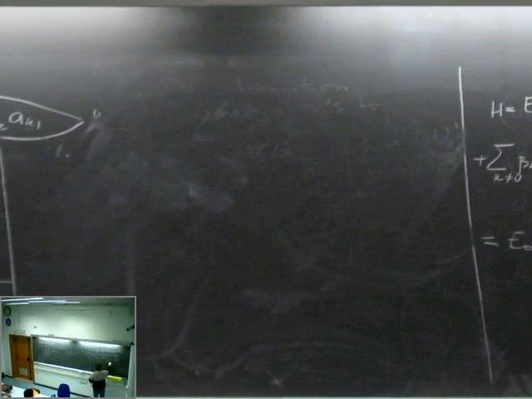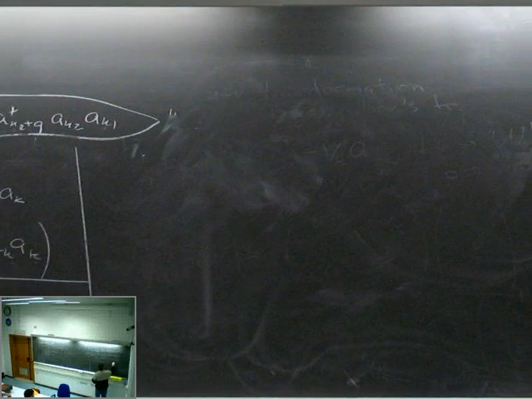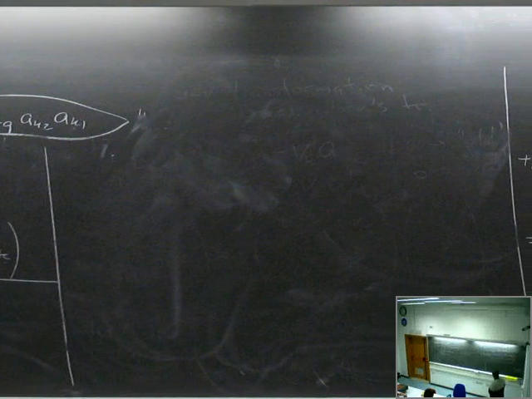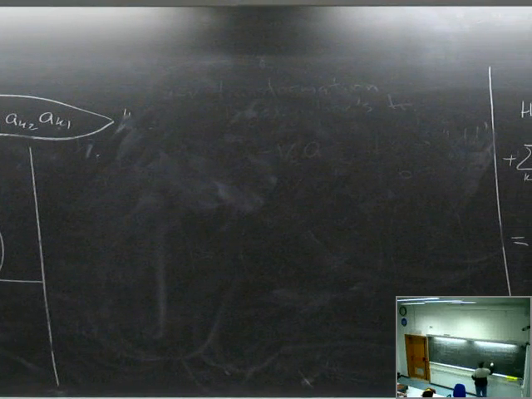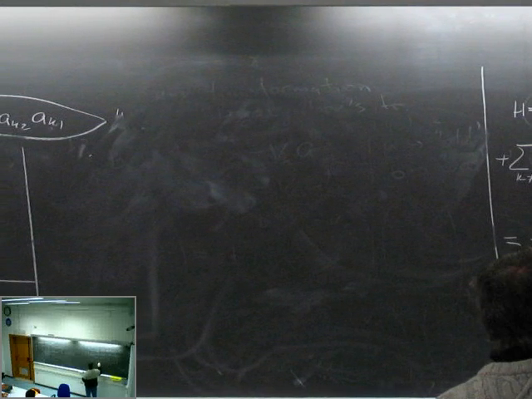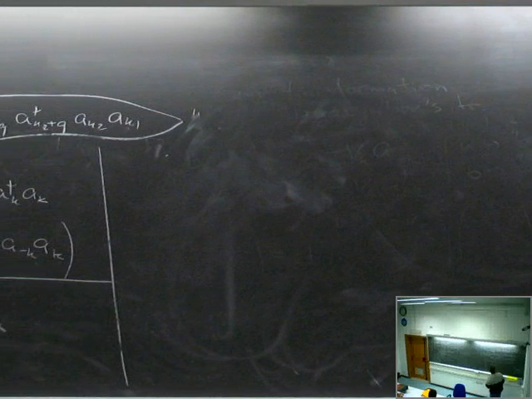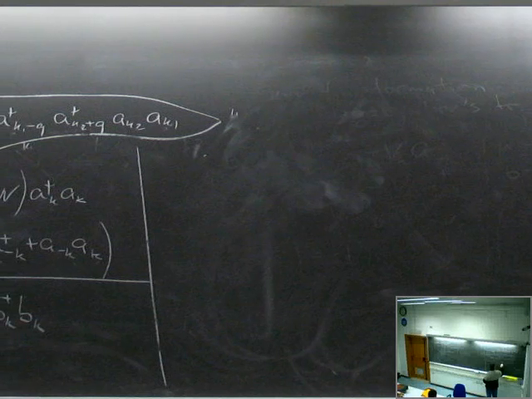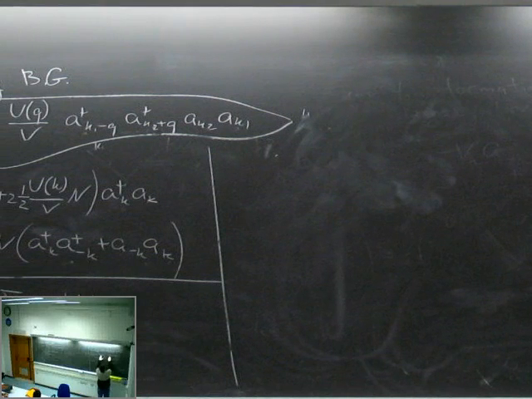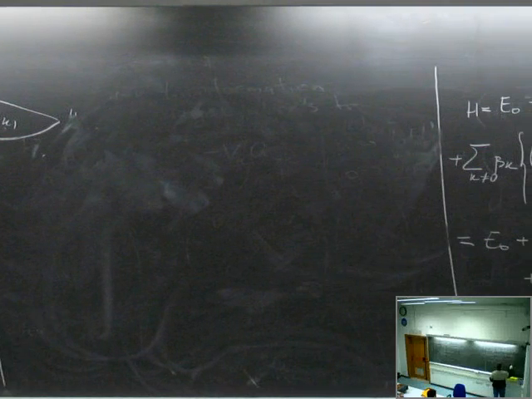So it is 2 times UK VK beta K. Okay? Then I have plus sum over K, B minus K dagger B minus K. Again, here I have psi K VK square, and I have 2 times UK VK beta K.